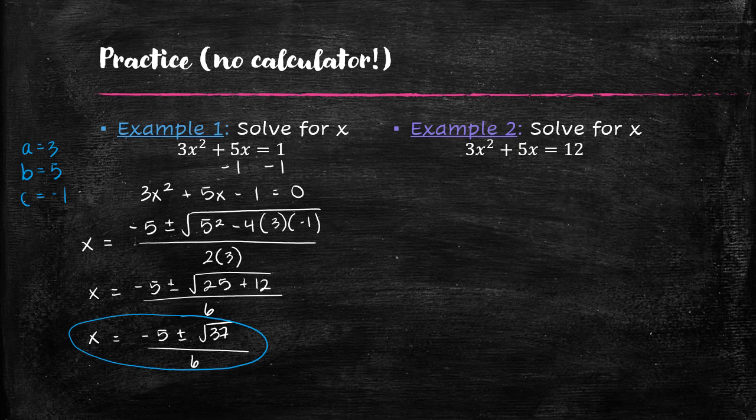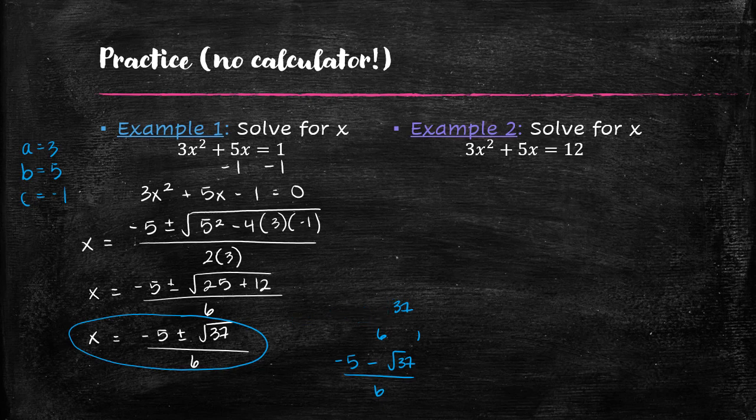You can write this another way. You can write this as x is equal to negative 5 plus the square root of 37 over 6 and negative 5 minus the square root of 37 all over 6. Unnecessary though, really. It's just easier to use our plus or minus when we can't simplify.